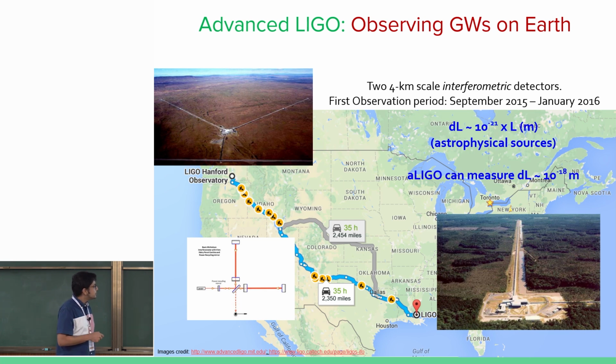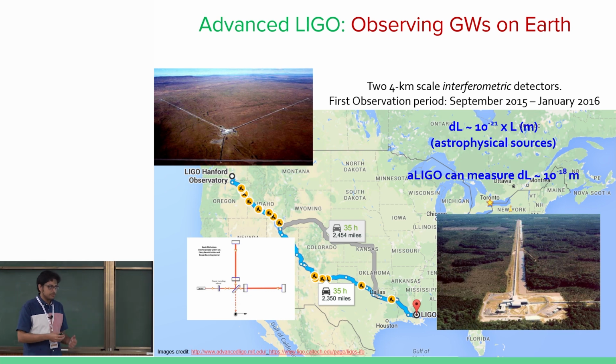I think Sumanta or Shashwat may talk about the observatories in more detail, but effectively these are Michelson interferometers. What they measure is the difference in length between two fixed points here, as well as two separate fixed points here, and how these differences in the distance between the two pairs of points change as a function of time.